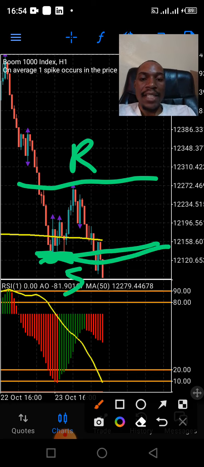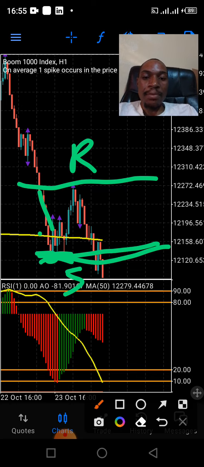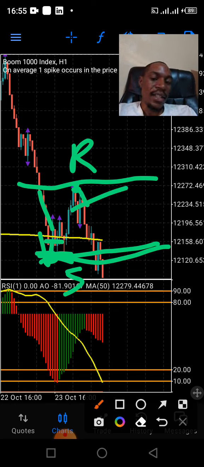When the price was coming here, automatically you are focusing on this area of your support. So when it makes the bounce, you enter buy. It goes up to hit that level, then you make profit. When you are looking at resistance, you are looking for it to bounce, then you enter sell. This is smart entry.